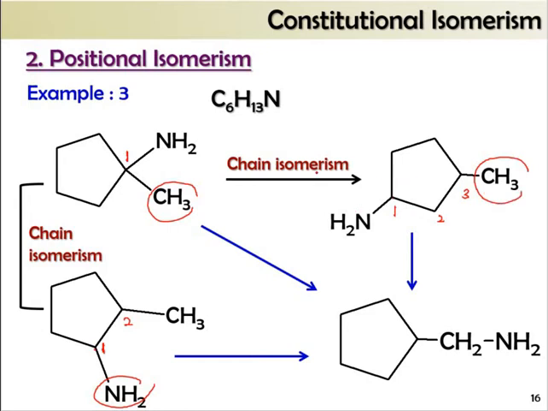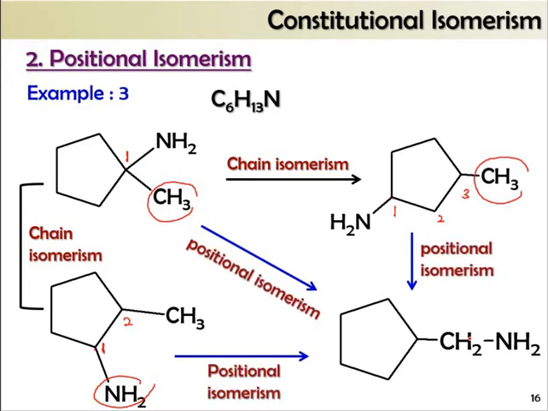So that means the 3 structures are chain isomerism. But then the relationship between this one and this one is positional isomer, because the position of NH2 is different. Dia tak attach pada ring, but then dia attach pada C here.